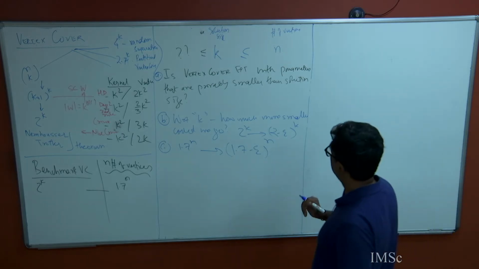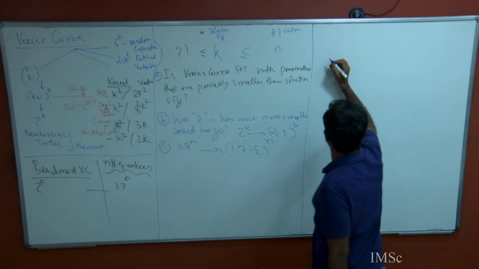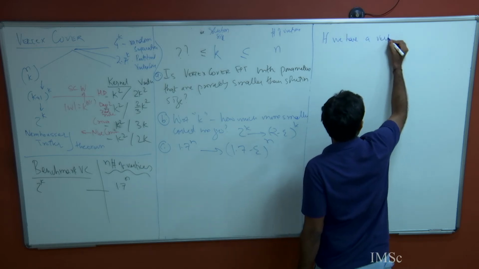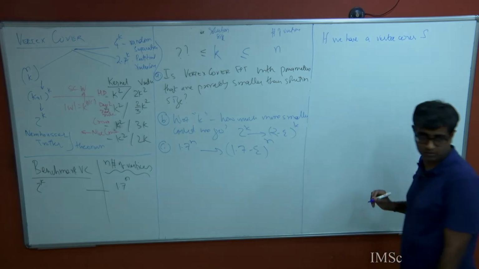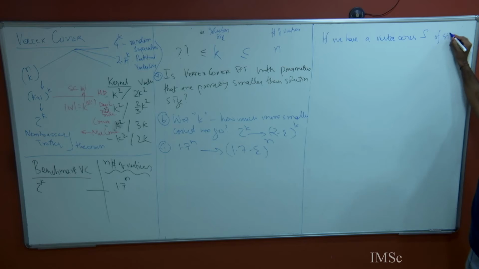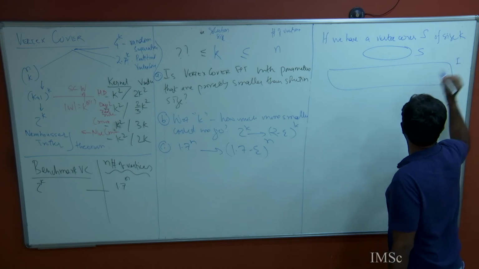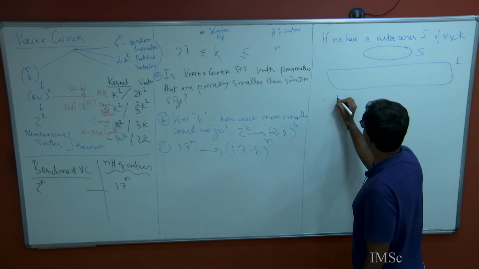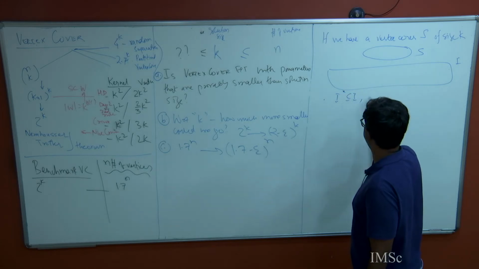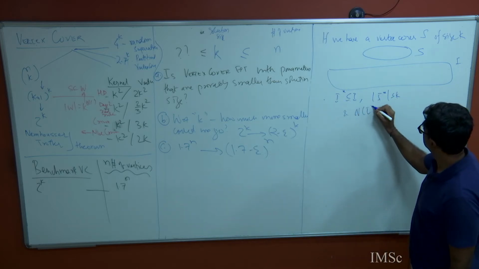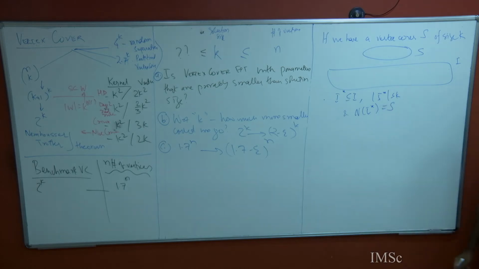So what was our algorithm? If you recall, our algorithm was based on a very simple observation: if we have a vertex cover S of size k, then I can come up with some I star, a subset of size at most k, such that N of I star is equal to S. Why is this true?